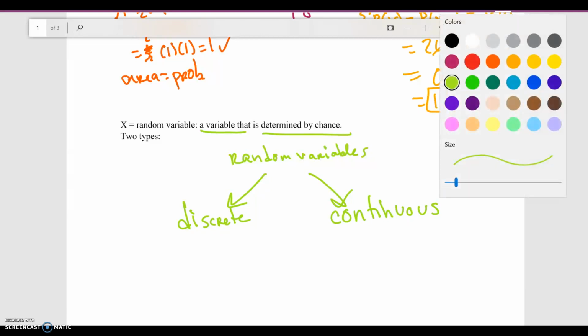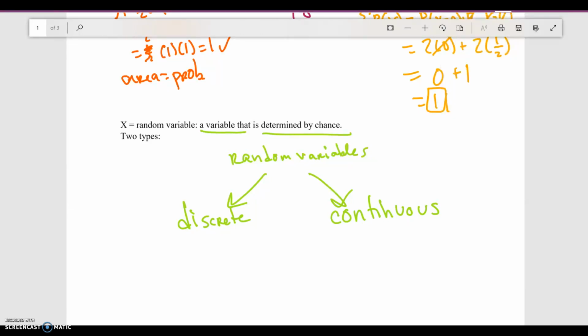Now if you have a discrete random variable, usually these variables are expressed as whole numbers. So numbers like 0, 1, 2, 3, all of these are discrete numbers. You can also have -1. You can have all these negatives, positives, so basically all of our integers.